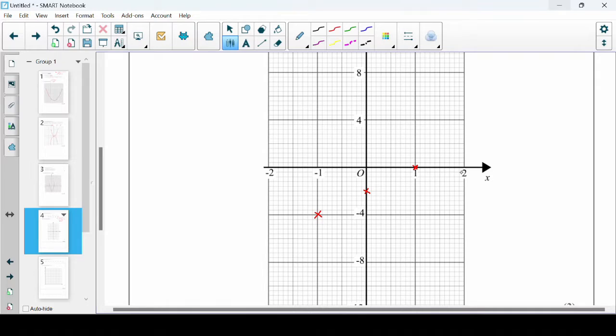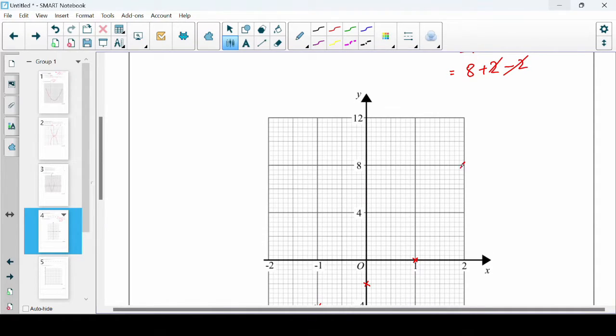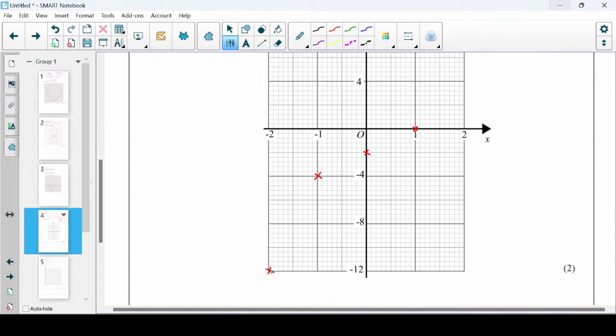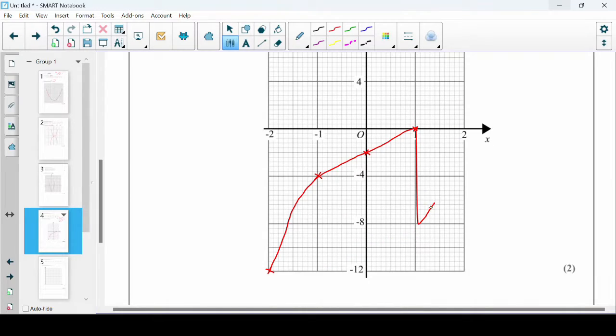So on x-axis it's 2 and on y-axis it's 8. So the cubic graph, if you see, then you have to just match these lines.